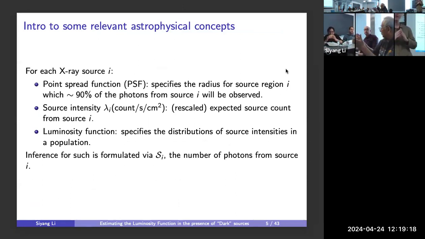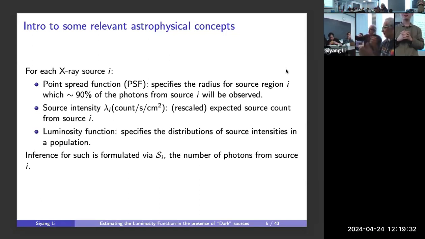So the PSF is a spatial thing. It tells you how broad a point source ends up looking on an image. The EA is the sensitivity of the telescope. In a simple telescope, you have a big mirror, so that gives you a collecting area.